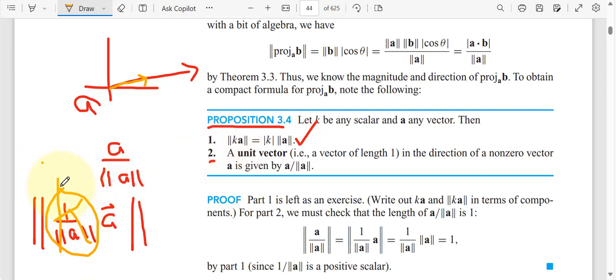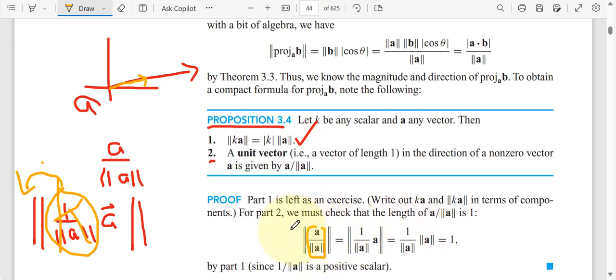We could bring it outside of the double bars. So we take this and write it like this, and then we can bring this outside. But then we get this, and this is clearly 1. So the norm of the thing inside is 1. That means it's of unit length.